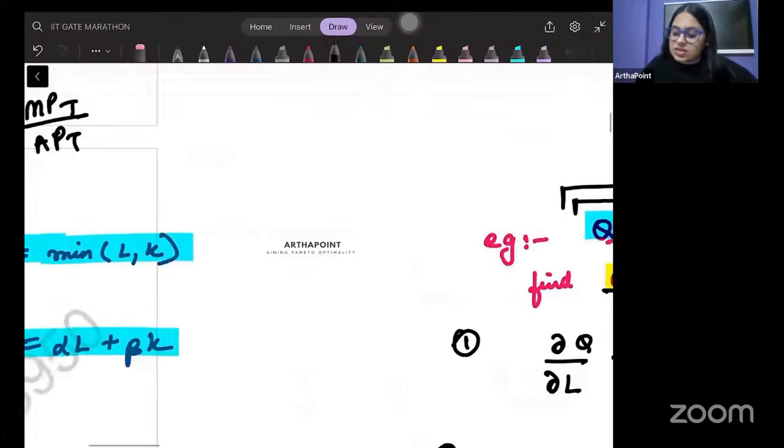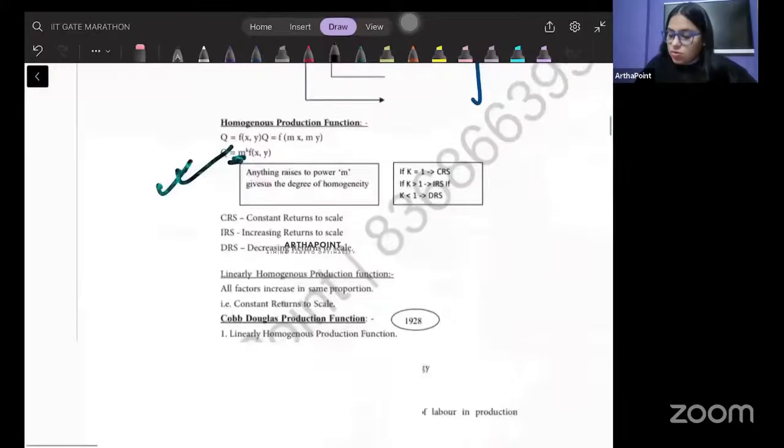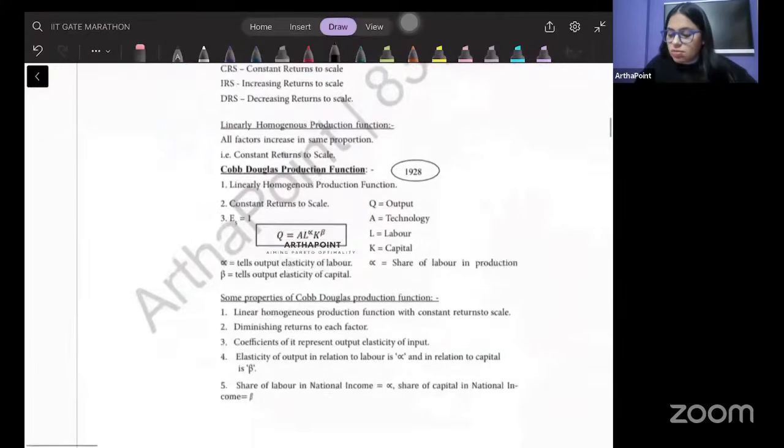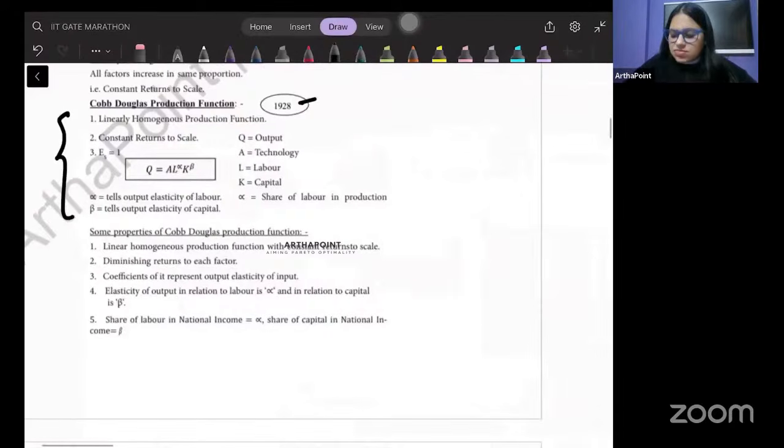So this formula is very handy for me to solve. Okay, beta. Now let us talk about the Cobb-Douglas production function. This can come as part of a GATE or CUET question, that it was first introduced in 1928.